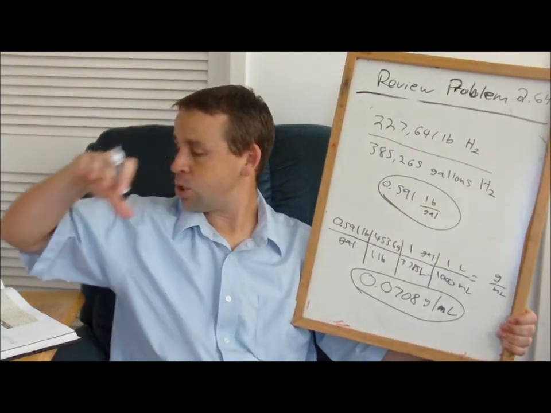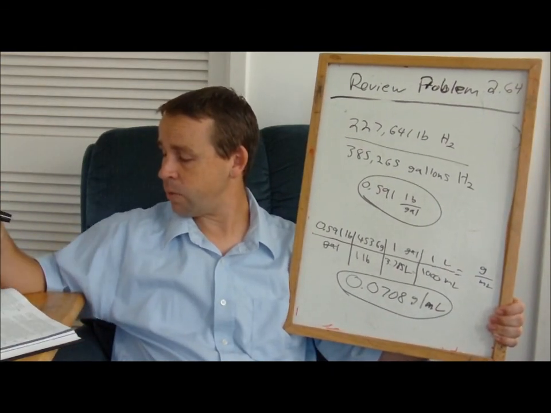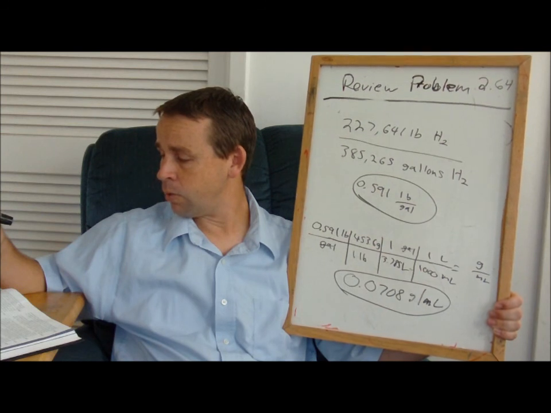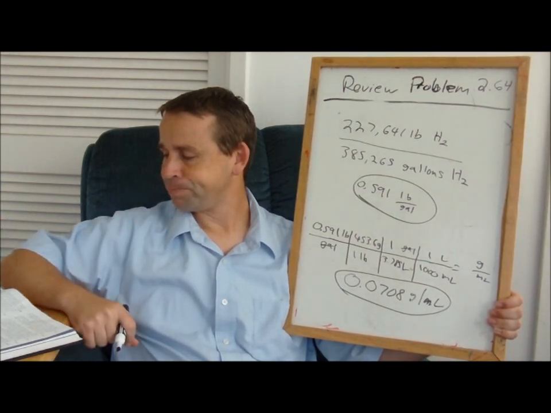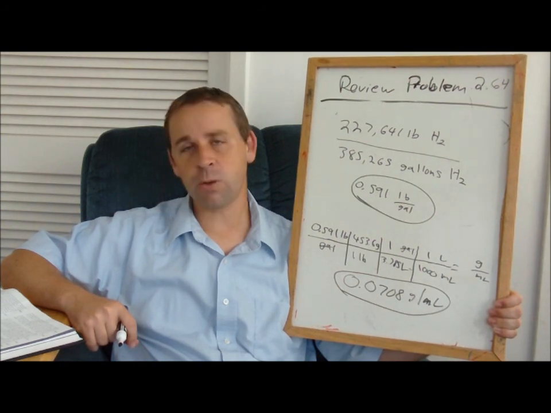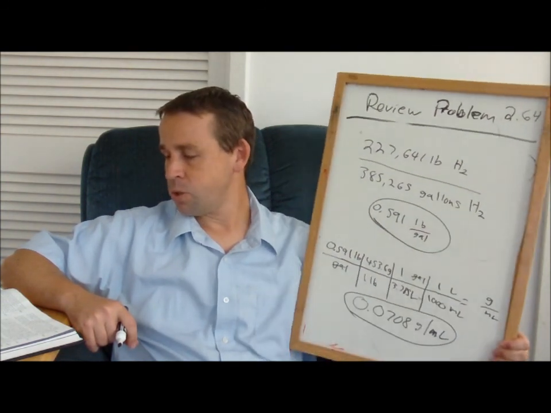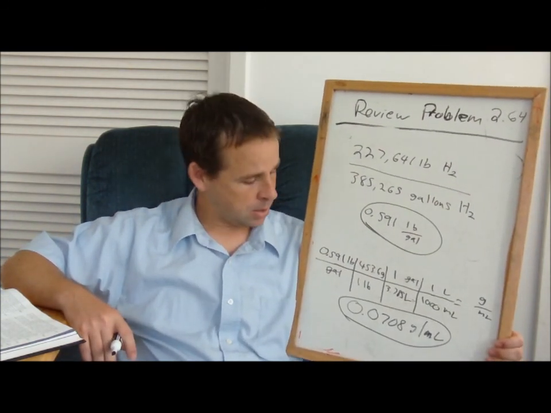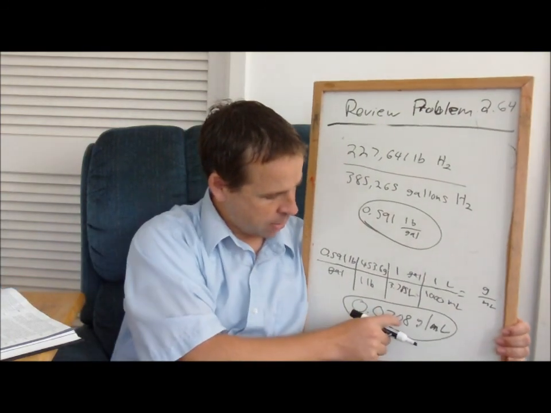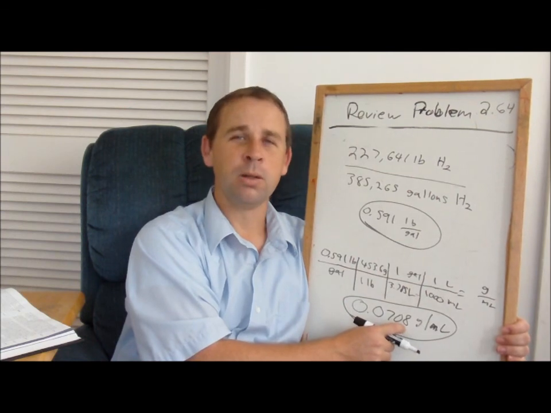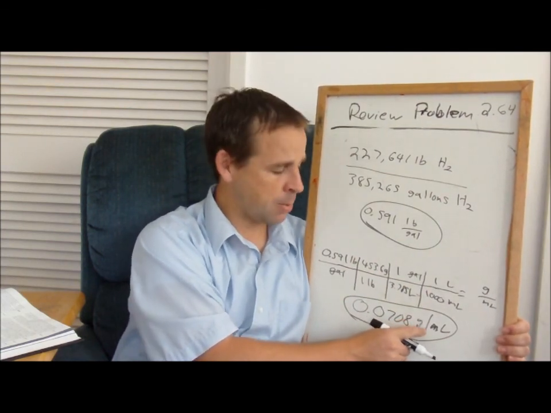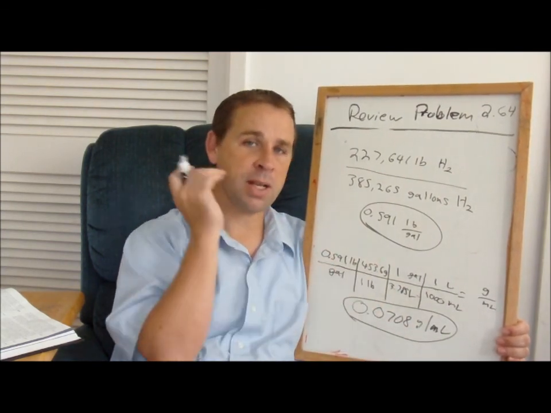We had one more question, right? What is the specific gravity of liquid hydrogen? For the specific gravity of anything, it's the density of your compound in grams per milliliter divided by the density of water.